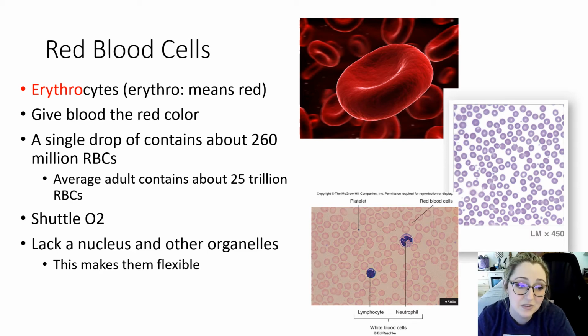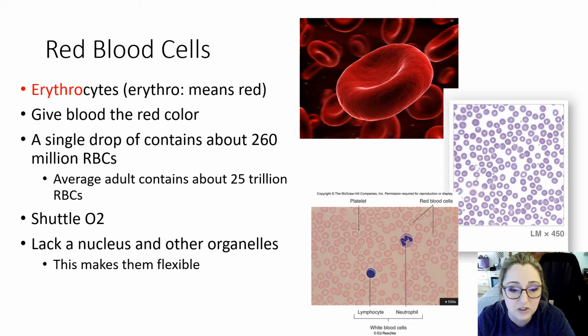The average adult is going to contain about 25 trillion red blood cells, which is kind of astounding, and especially once we start talking about how red blood cells carry oxygen, trying to calculate how much oxygen your body can contain. It's pretty cool.